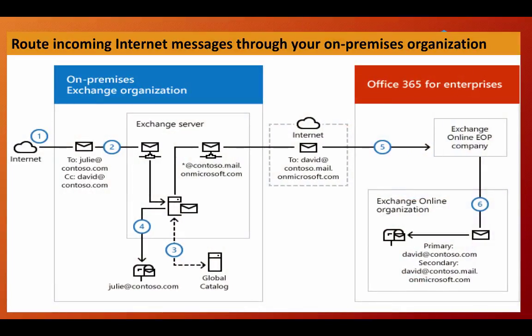So here is one of the scenarios where an internet user ABC or XYZ sends an email to Julie at Contoso.com and CC to David at Contoso.com. So in that scenario, if you have configured your hybrid configuration wizard with centralized transport enabled, while you run that setup for the hybrid configuration wizard, your MX records are pointed towards your on-premises mail gateways, or it could be a third-party mail gateway in the cloud, whichever way you have set it up.